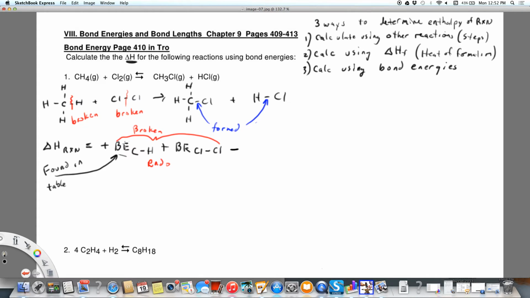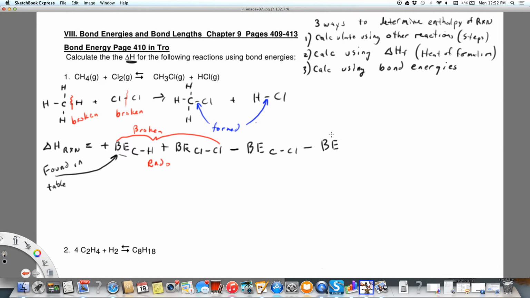So it takes energy to break these 2 bonds. Now there's going to be a bond energy for CCl, and that's going to be released from the system into the surroundings. I wrote plus, that's not right, we're subtracting, so let me get rid of that.